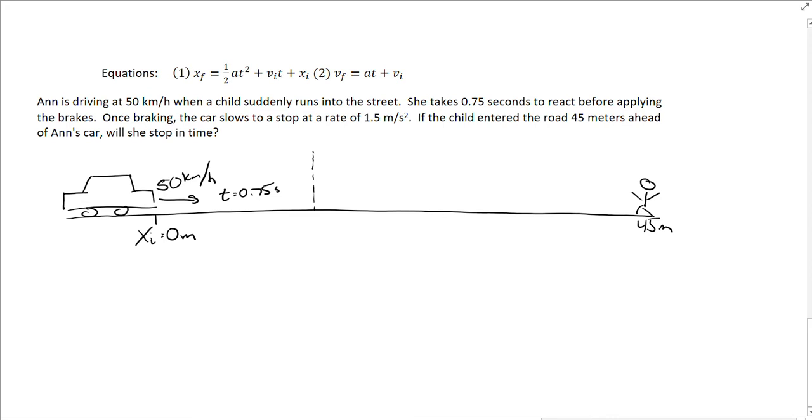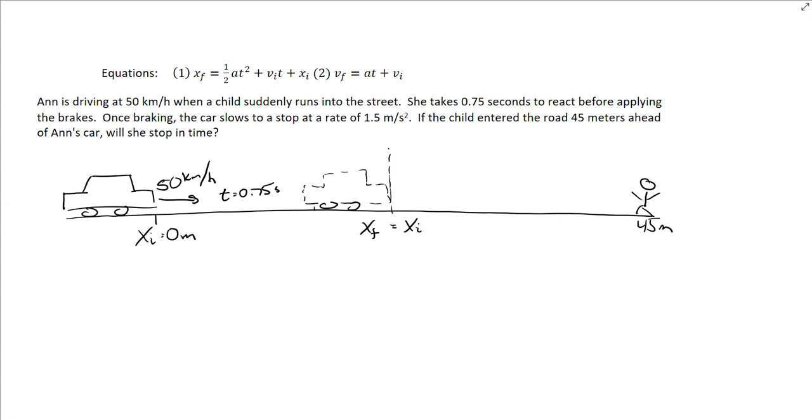So this car, and maybe I'll draw a new car up here. This is the new position of the car. This is the final position of the reacting time, which is also equal to the initial position of the braking period. And so now we see something happening here.